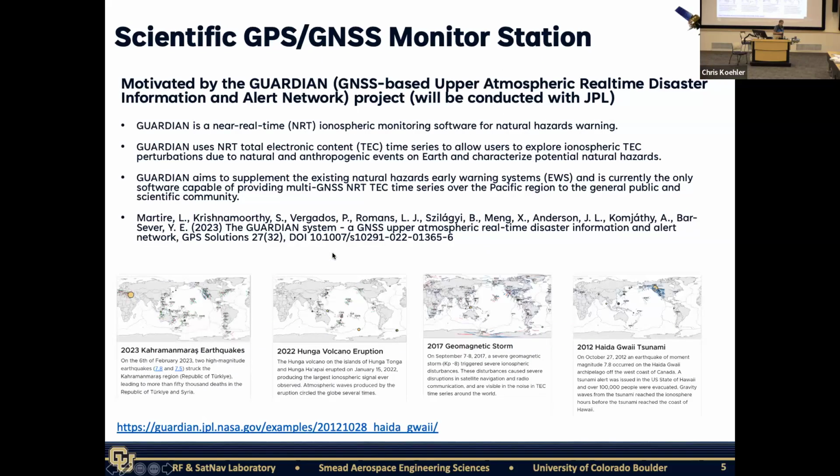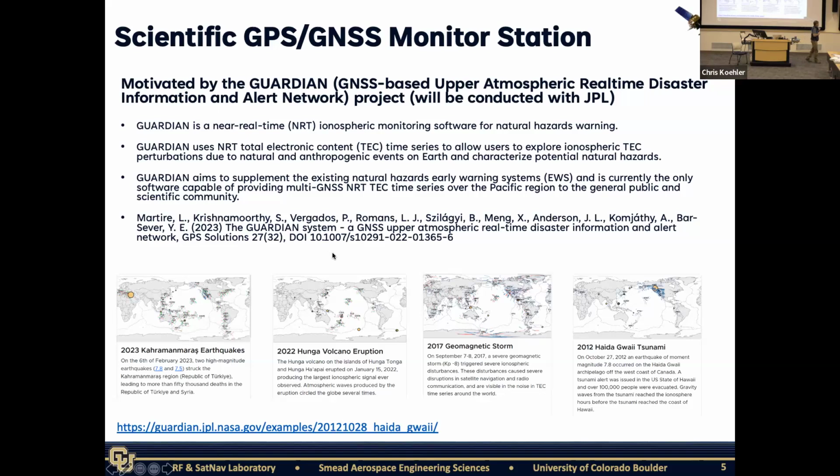Second topic. This really has been motivated by a couple of students here. If you think about GPS remote sensing, there's this Guardian project, which has really been initiated by JPL, and they are looking at the ionosphere for natural hazard warning. They have different examples on their webpage for earthquakes, volcano eruptions, geomagnetic storms, tsunamis.